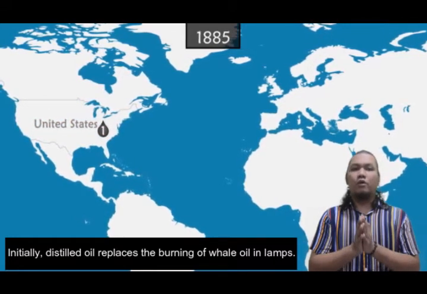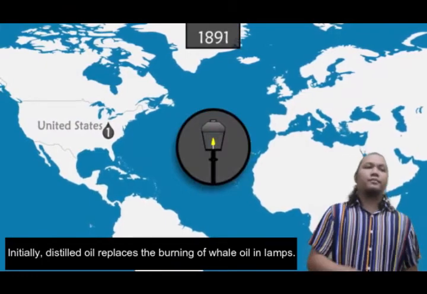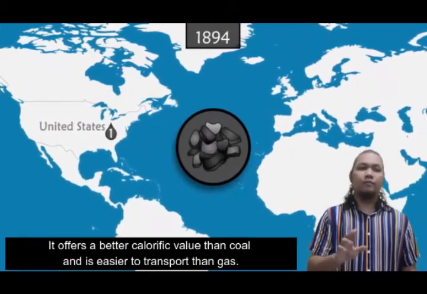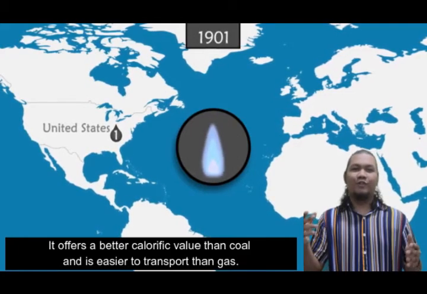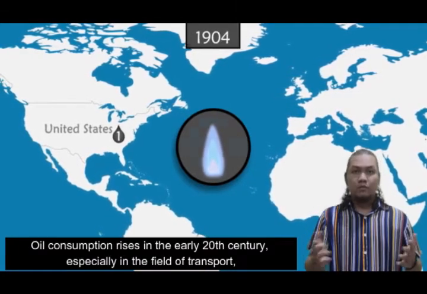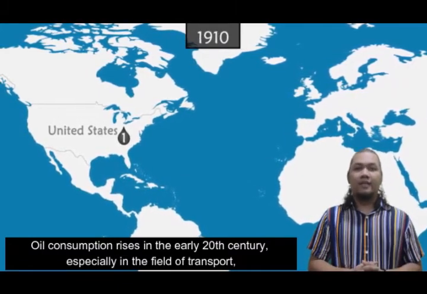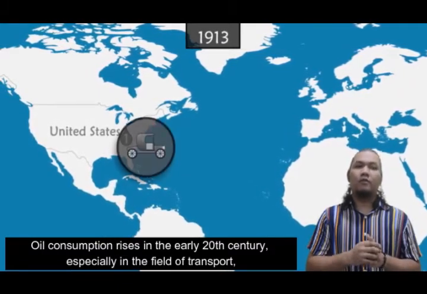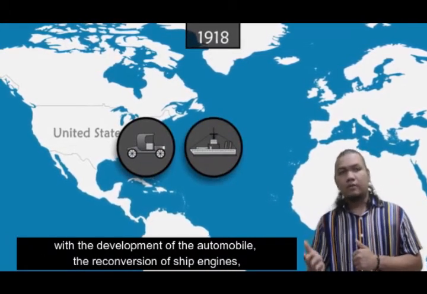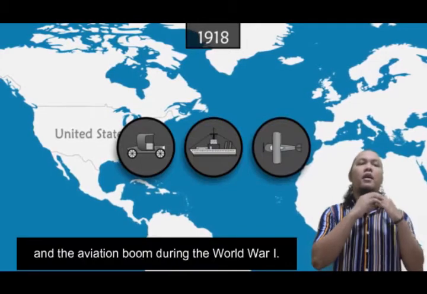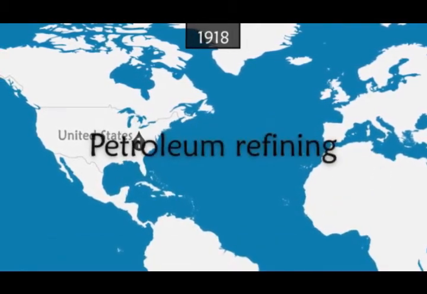Initially, distilled oil replaces the burning of whale oil in lamps. It offers a better calorific value than coal and is easier to transport than gas. Oil consumption rises in the early 20th century, specifically in the field of transport, with the development of the automobile, the conversion of ships, and during World War I.